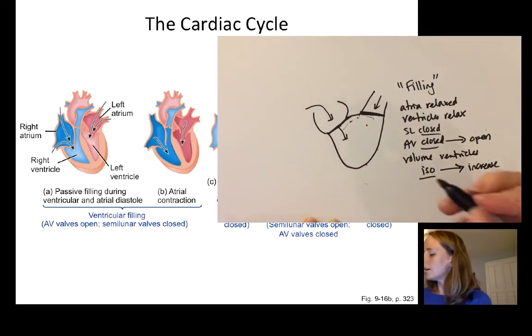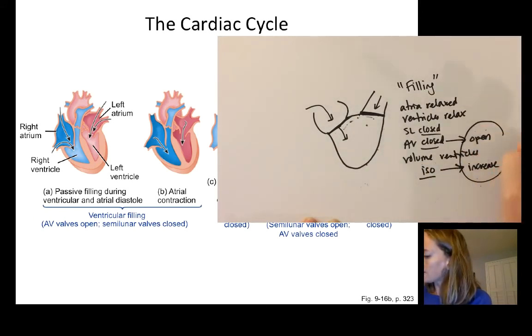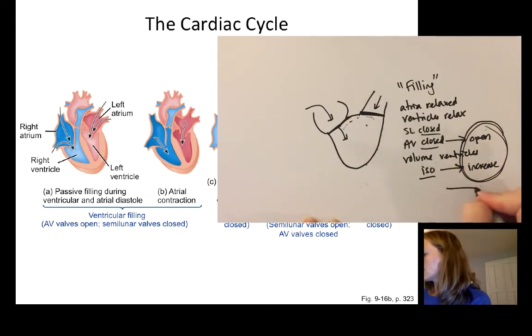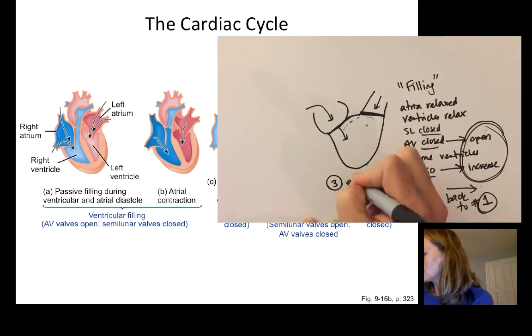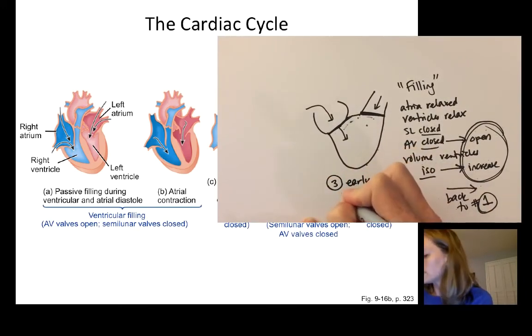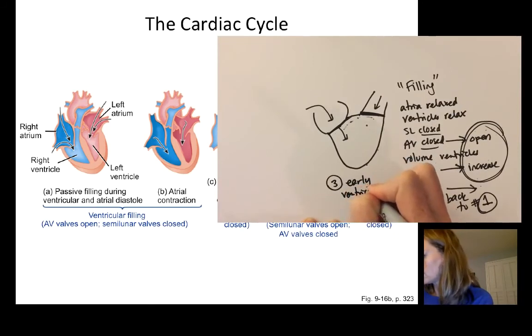From here, as the AV valves open and the volume starts to increase, we go back to number 1 to start the cycle again. So this is step 3, which is early ventricular diastole.